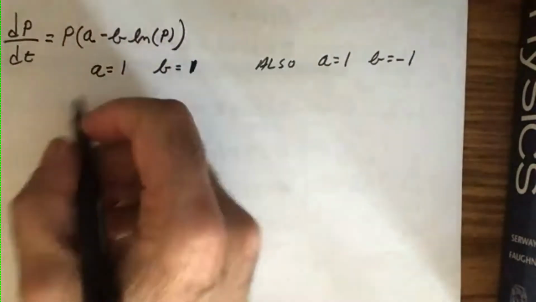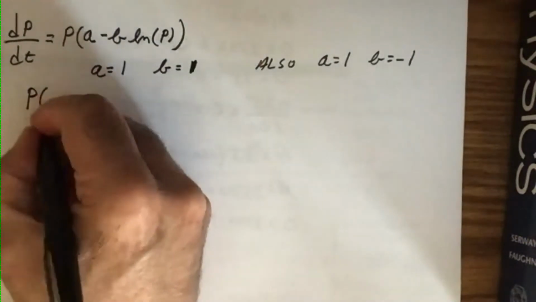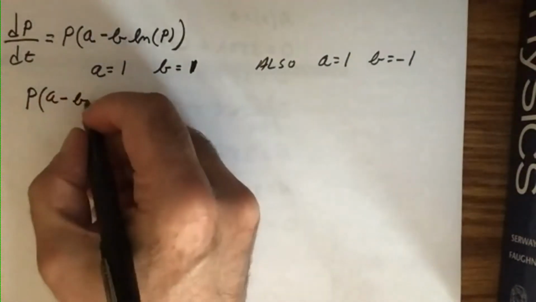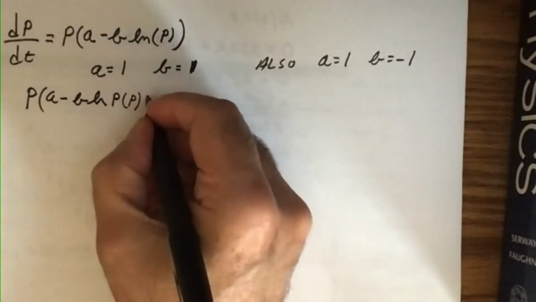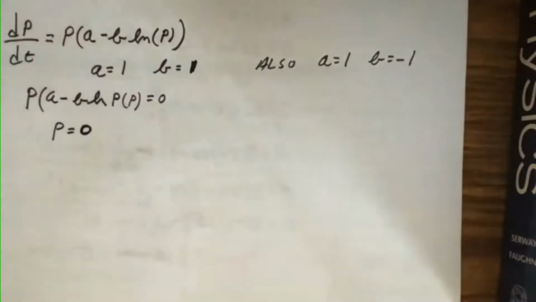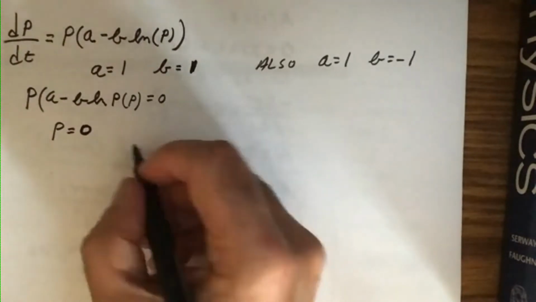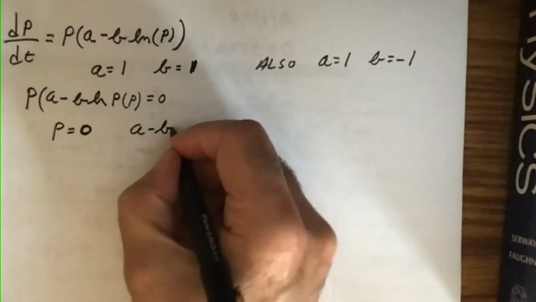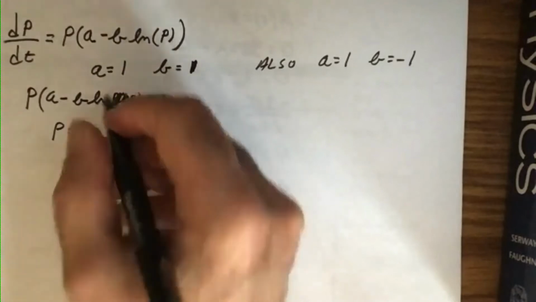Okay. So we want to set this equal to 0, right? So one solution is p is equal to 0, and another solution would be, this is just the natural log of p.